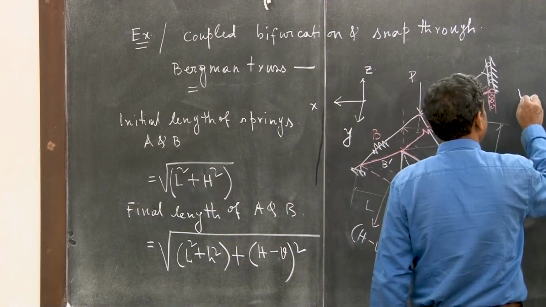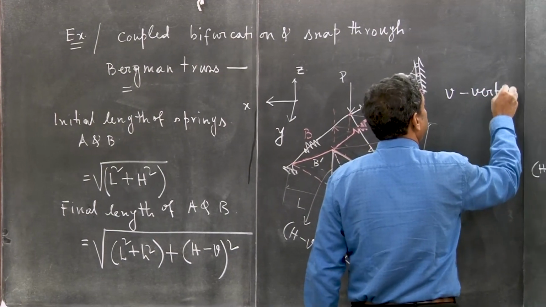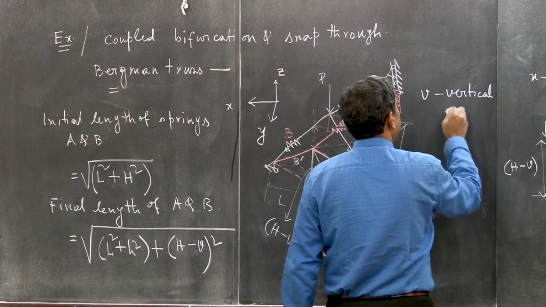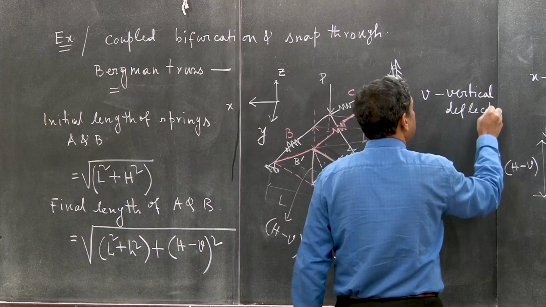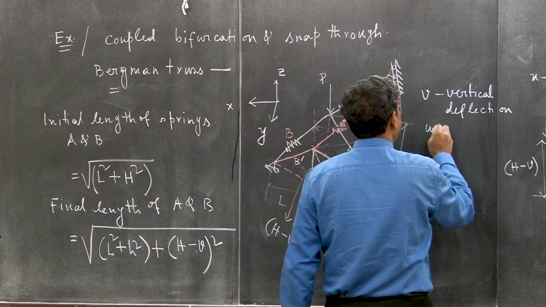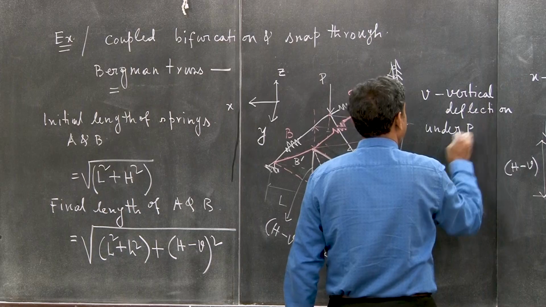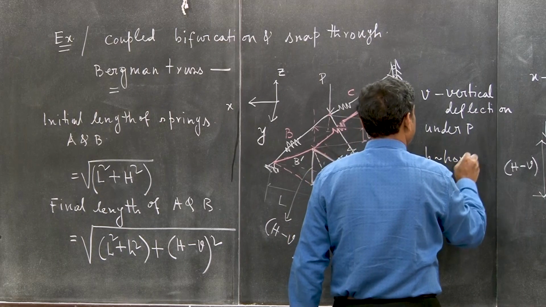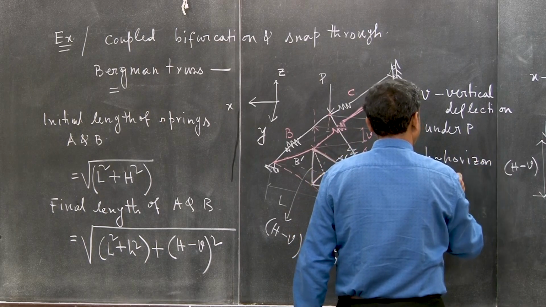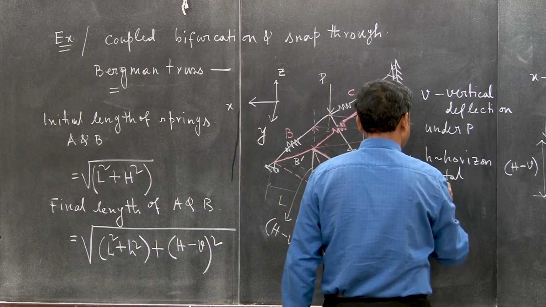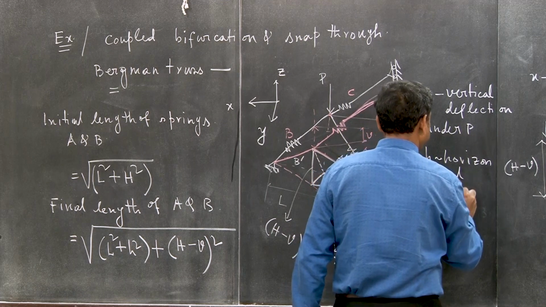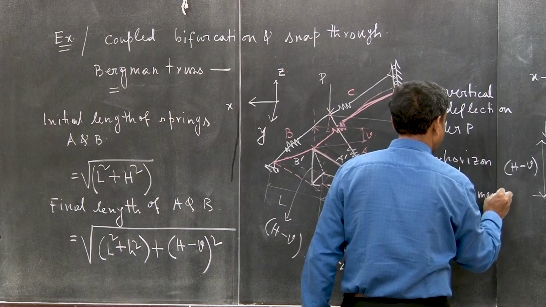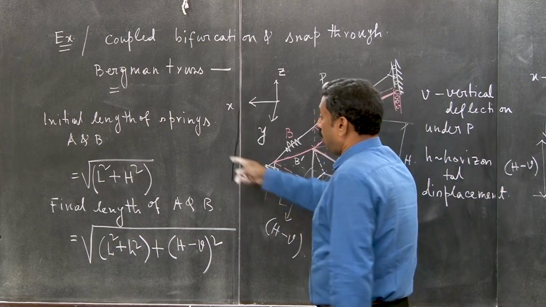You can please note that v is the vertical deflection under P, and h is the horizontal deflection, displacement, right? All of you understood.